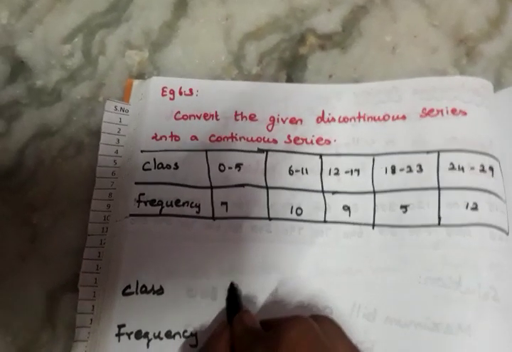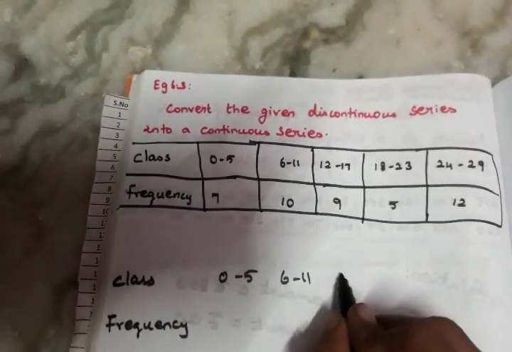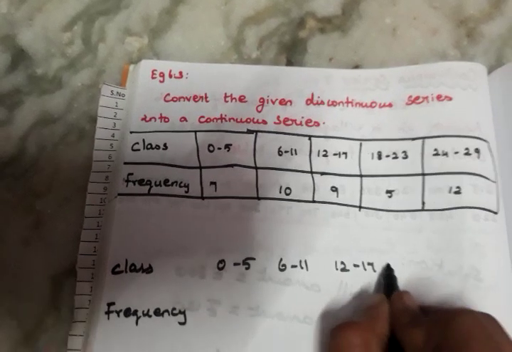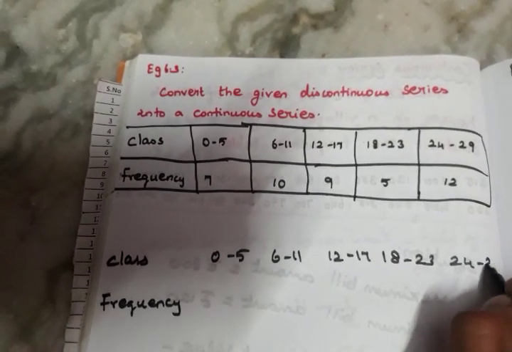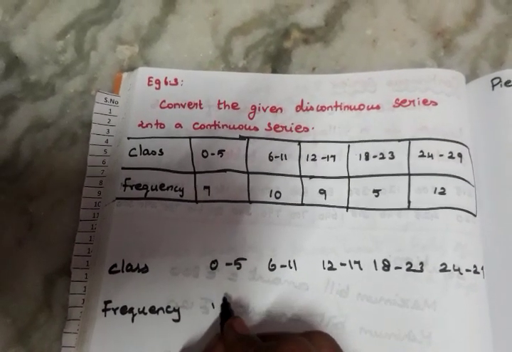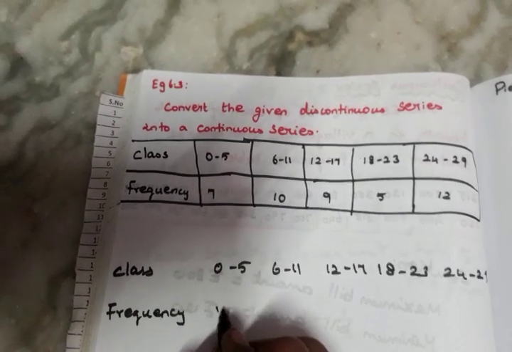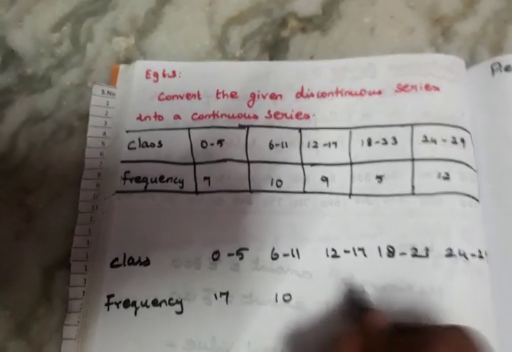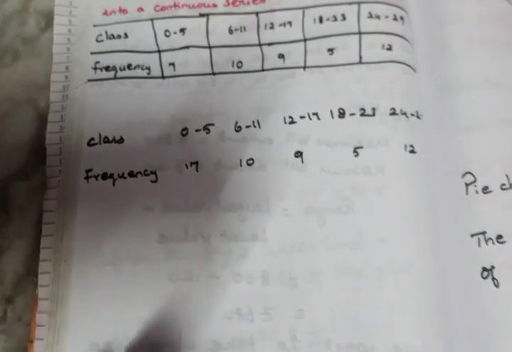These are called the discontinuous series. Next, form it into a continuous series.